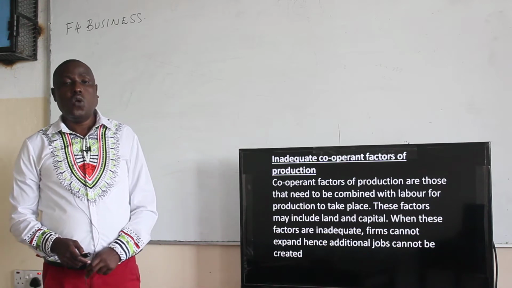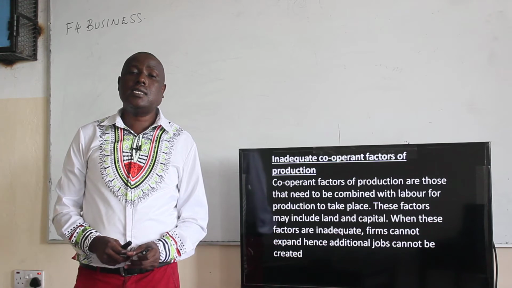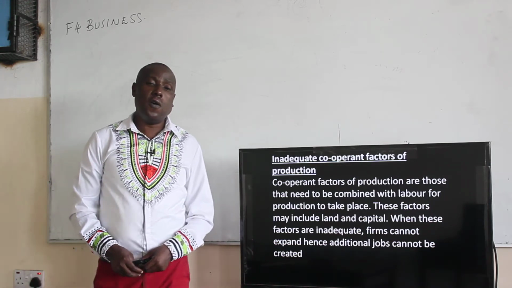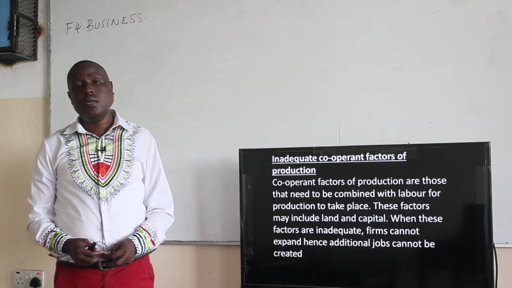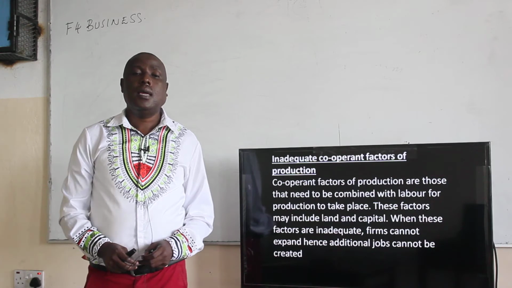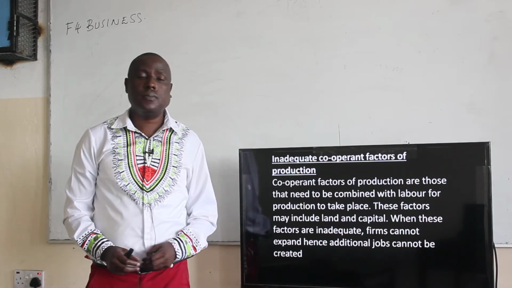Number two, we talk of inadequate cooperant factors of production. There are four factors of production, namely labor, land, capital, and machine.